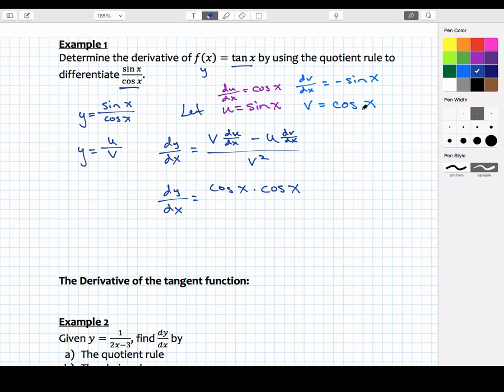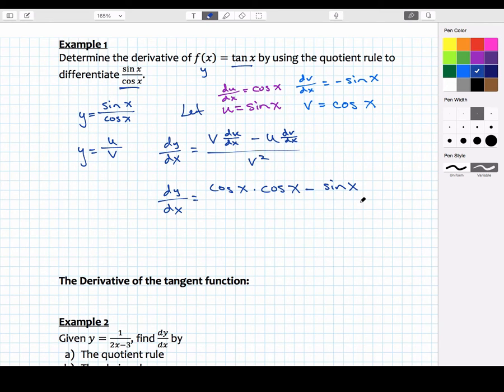Here's cosine x, here's du dx. And then we're going to subtract u, which is sine x, and then multiply by dv dx. What is dv dx? Minus sine x.